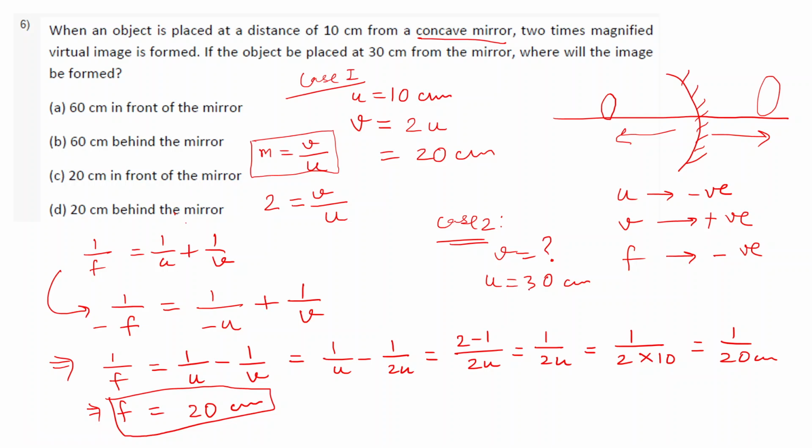And so yeah, the equation that we had obtained was 1 over minus f is equal to 1 over minus u plus 1 over v, right?